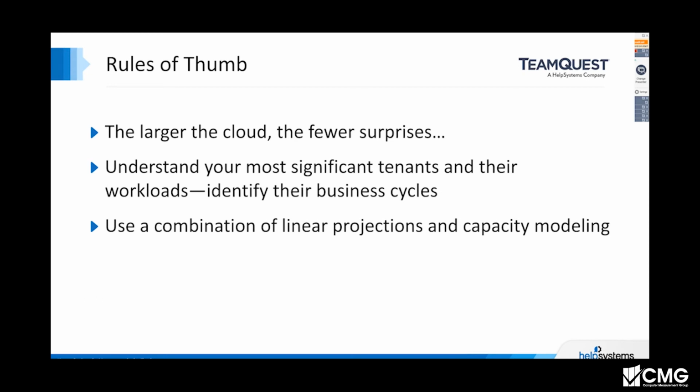So understanding what those tenants are doing, what their business cycles are, and the length of those business cycles, because if you cut them short and don't use the full business cycles for your planning, that's going to lead to completely wrong decisions. So understanding the length of the business cycles, the seasonality of your tenants, etc., will become important to make sure that you base your decisions on the right data.